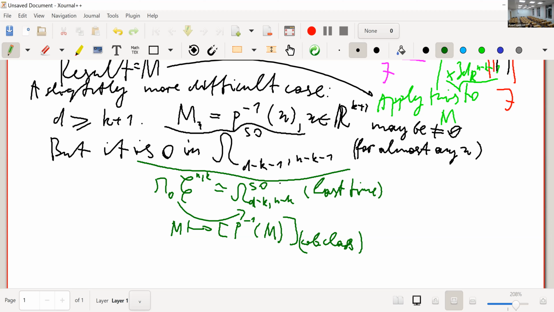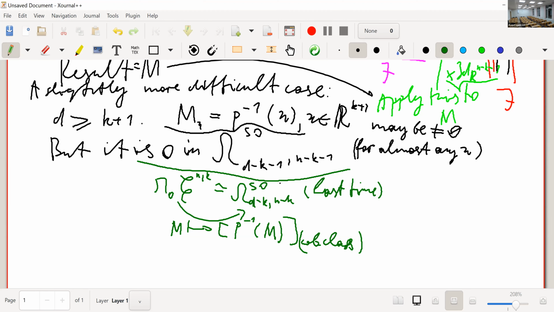Okay, so we do the same thing here, and just by our construction we arrive somewhere in the class of zero, meaning in the zero of this cobordism group.